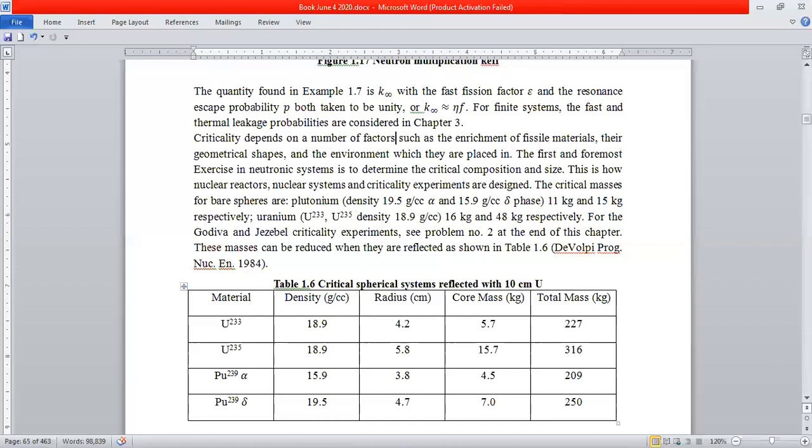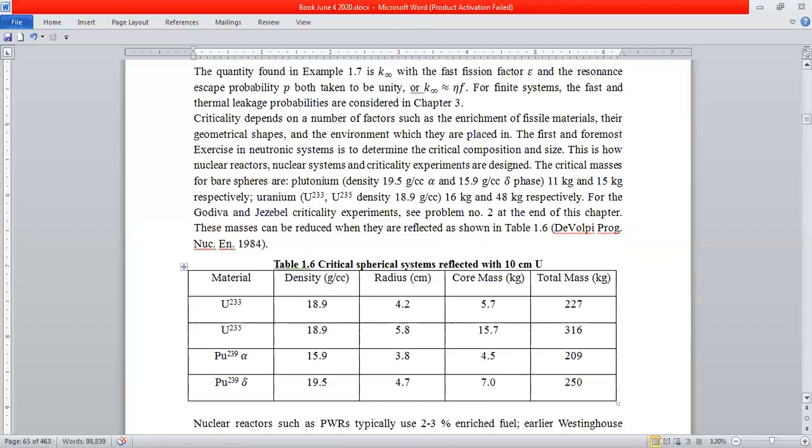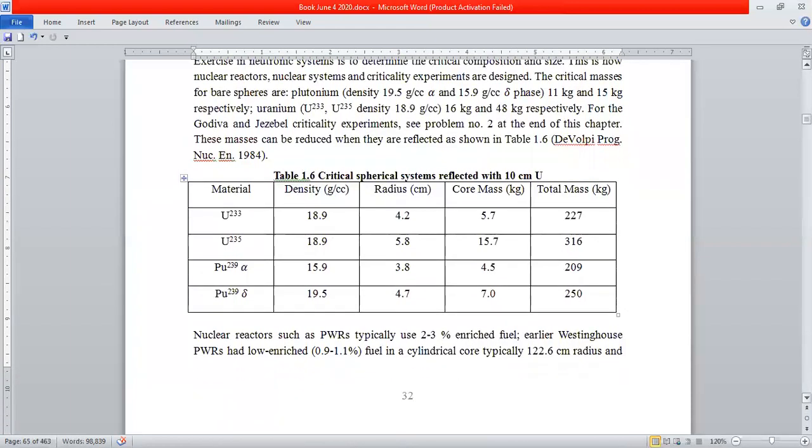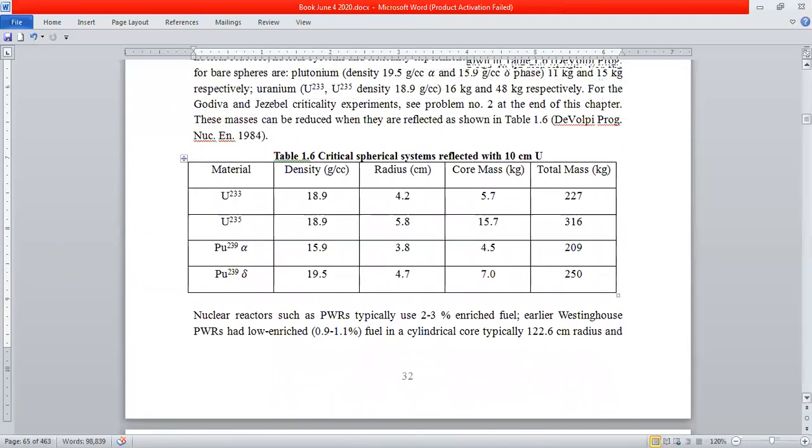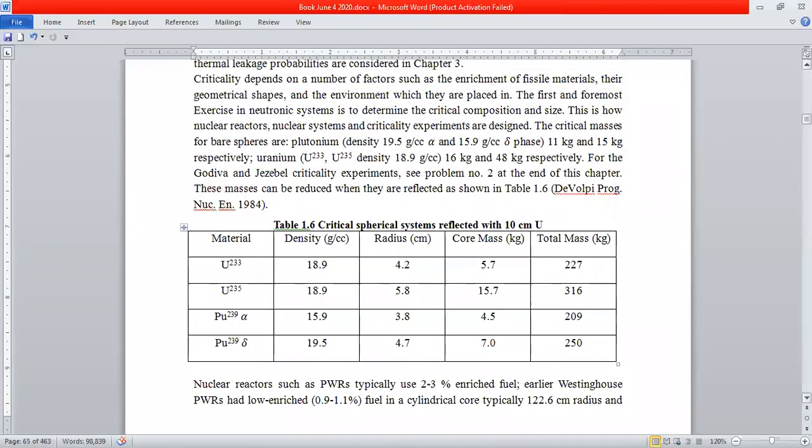Godiva is a sphere with a mass of about 50 kg, at about 93% U235, and it has a radius of about 8.07 centimeters, if I'm not wrong. That's my memory, I could be wrong, but please do check that. Godiva weighs about, I think it's this one, 48 kg.